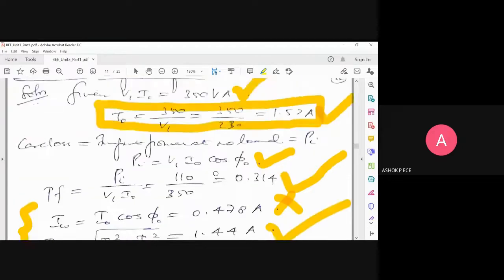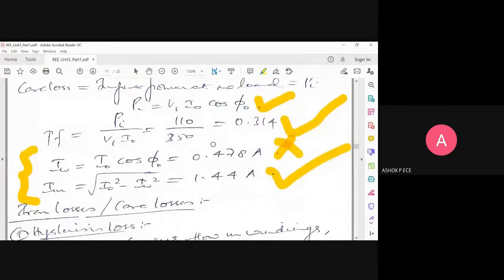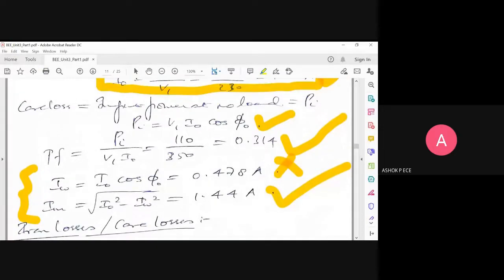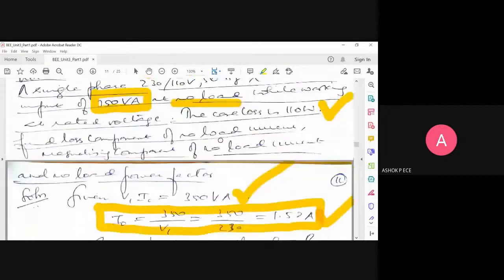This is a simple problem illustrating the no load effect of a transformer. From power factor, you can actually find phi naught. Phi naught is cos inverse of this value, which gives the angle between the voltage and current. Since that is not explicitly asked, it is not done here, but otherwise you can find phi naught also.